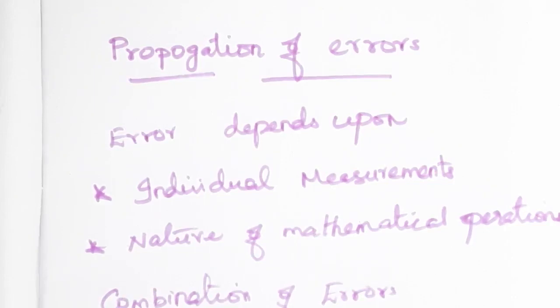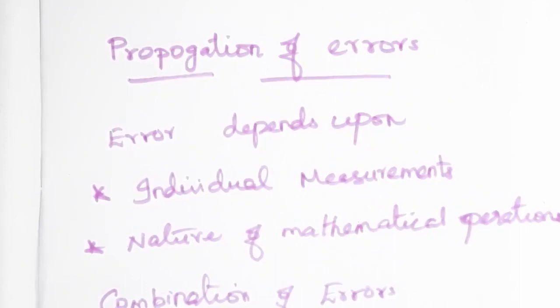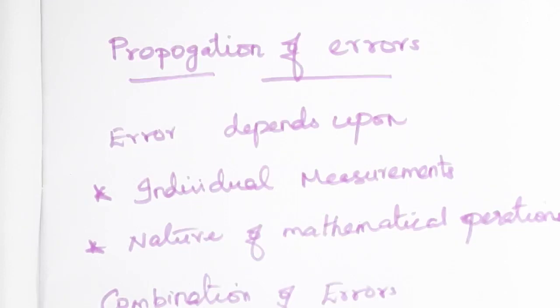Today we are going to discuss propagation of errors. What do you mean by propagation of errors? Students, when we are solving problems in physics, we will be using formulas.